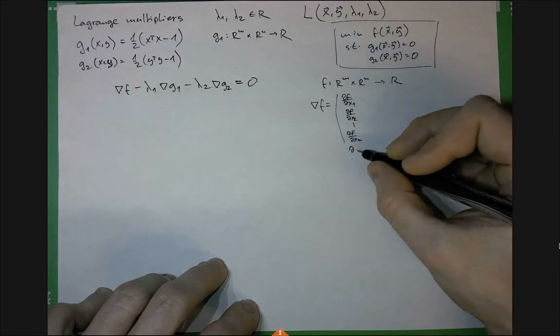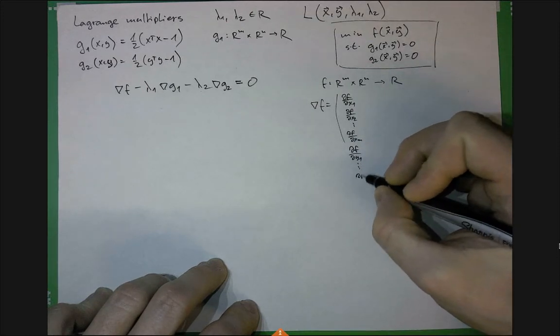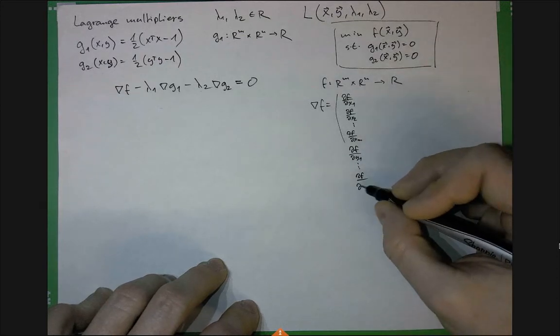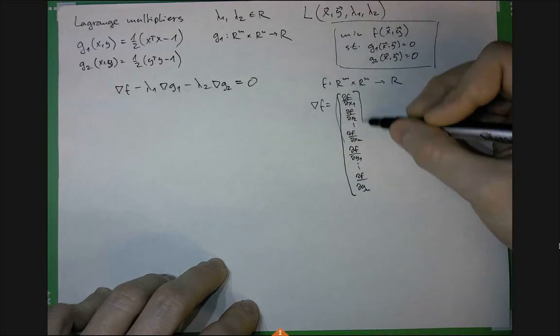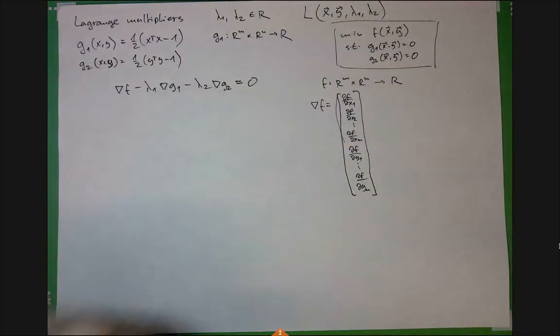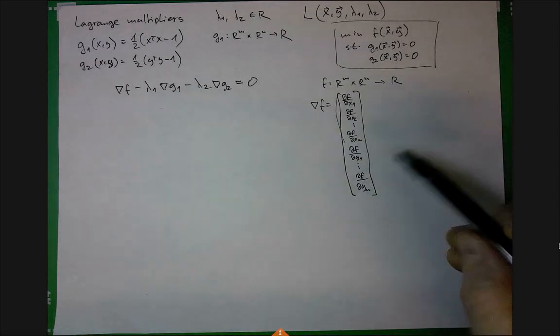And then I put the y's, y1, and so on, up to yn. That's what a gradient is. Geometrically, it's the direction of the maximum increase of that function. I think we have been through that. You know that from calculus, I hope. Is that clear?